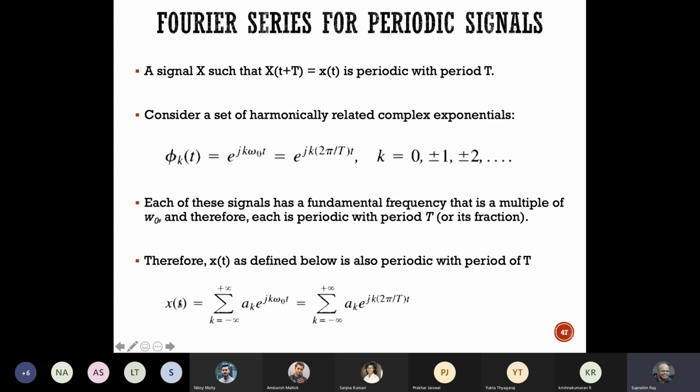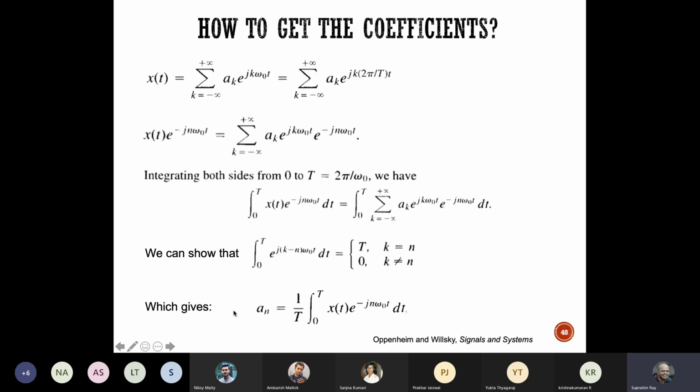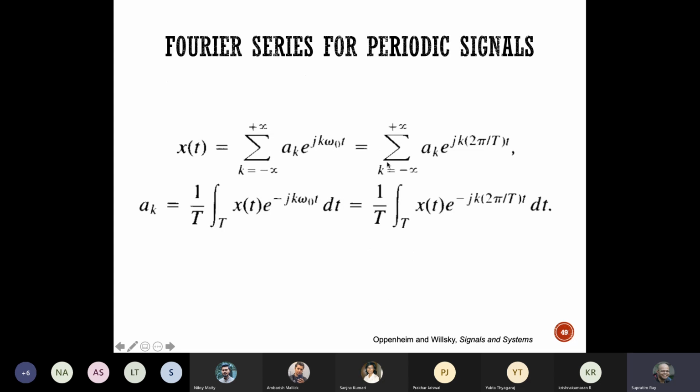And turns out you can represent any periodic signal as a sum of complex exponentials given by this formula, this, and we found out what AK should be. Okay, and AK is just given by this formula here. So together this forms what is called the Fourier series analysis.